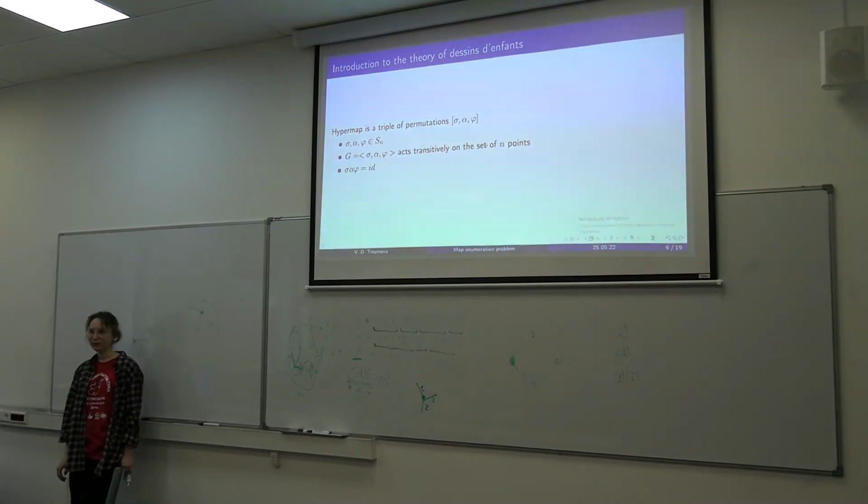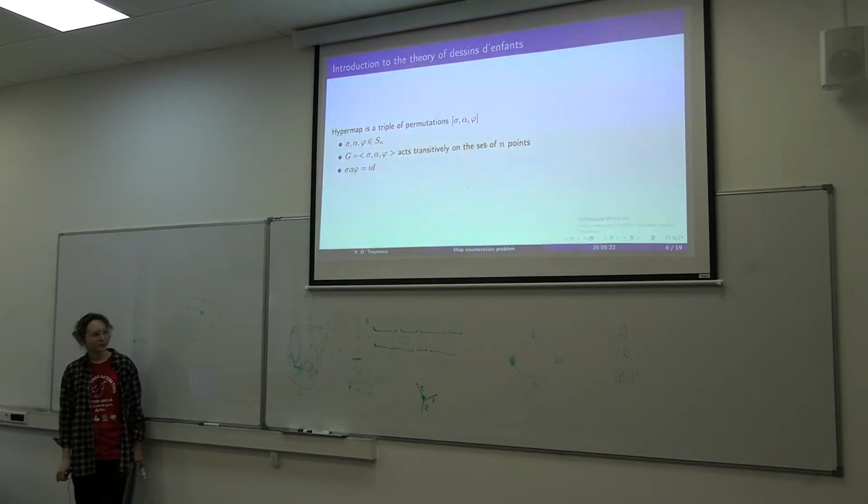Alpha and phi cannot be identity because their product should be. You can do it yourself, maybe at home.